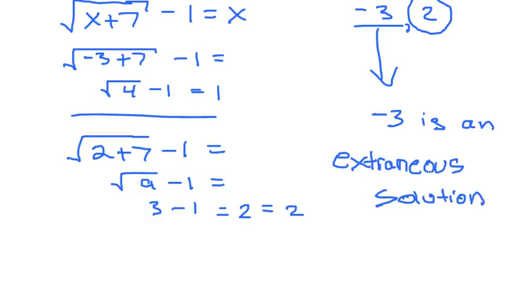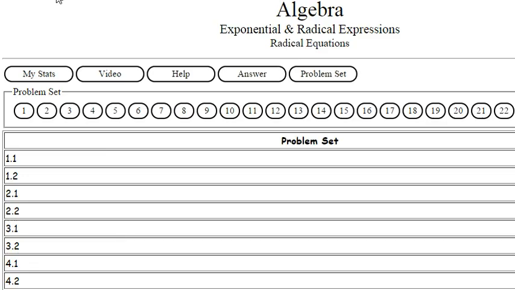And I won't be saying that throughout, but so we say negative 3 is an extraneous solution. Alright, but that's the real solution there. Okay. Alright, I think we're done with that.